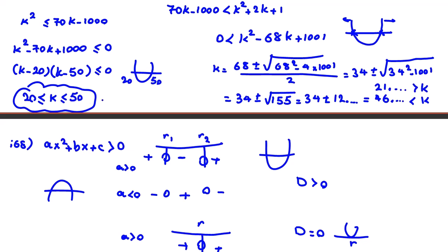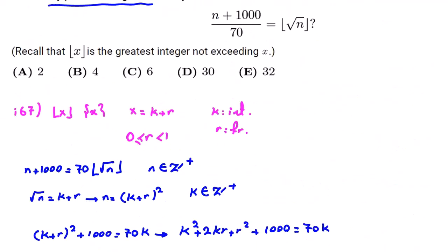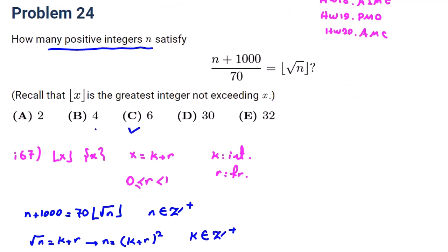And we also want to consider the star, that k is from 20 to 50. So all k's that are possible, 20, 21 satisfy this, 47, 48, 49, and 50. Okay, for this case, we will find a unique one that satisfies the things we want. 2, 4, 6. So the answer is 6. So the answer is choice C.